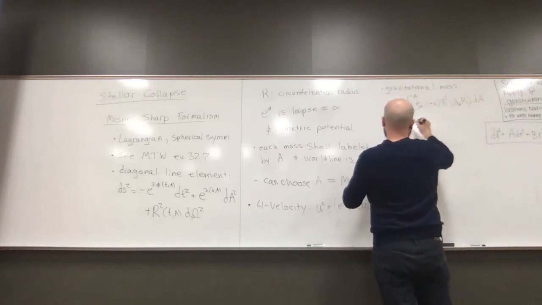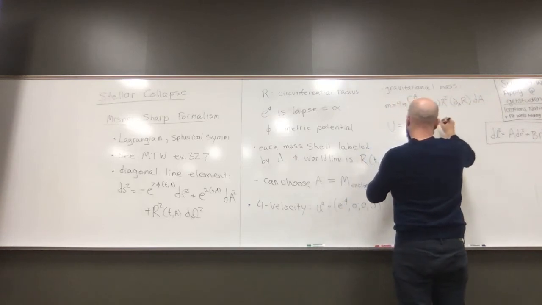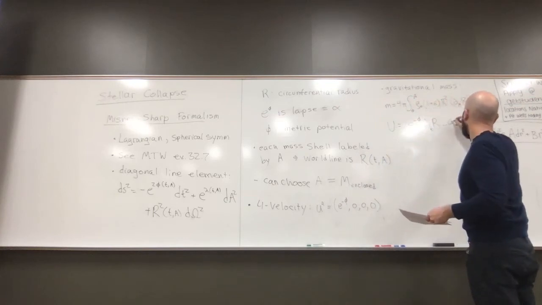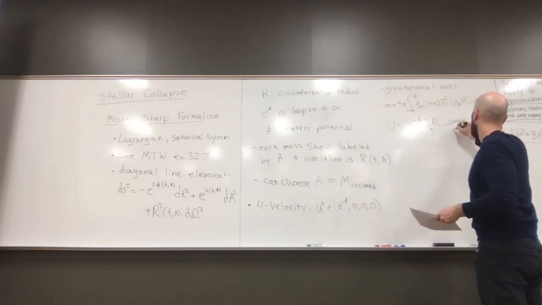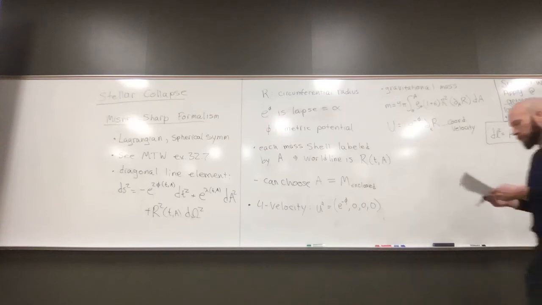Capital U, I'm going to define as e to the minus phi, partial with respect to time of r. And this is a coordinate velocity. So a velocity with respect to those coordinates, this can actually exceed 1. It is not a true 4 velocity. It is a coordinate velocity.